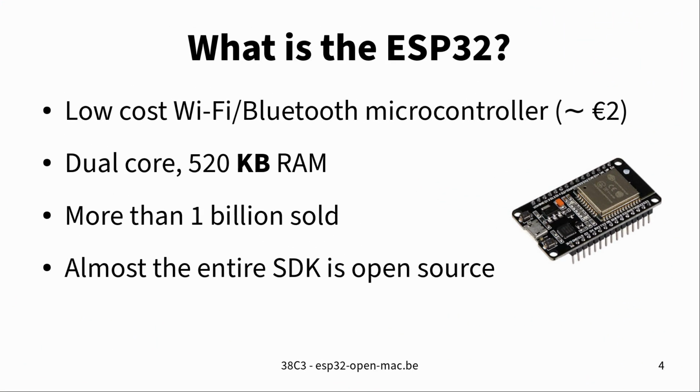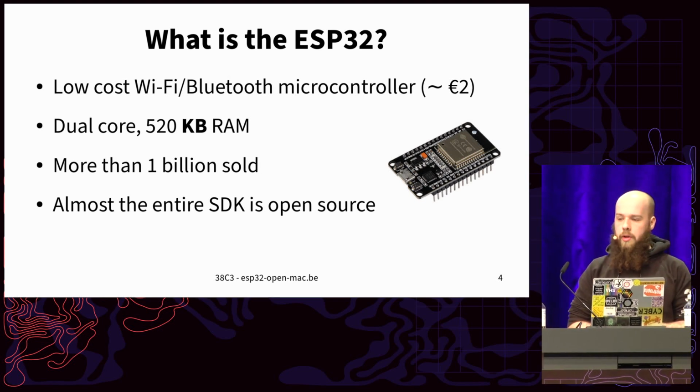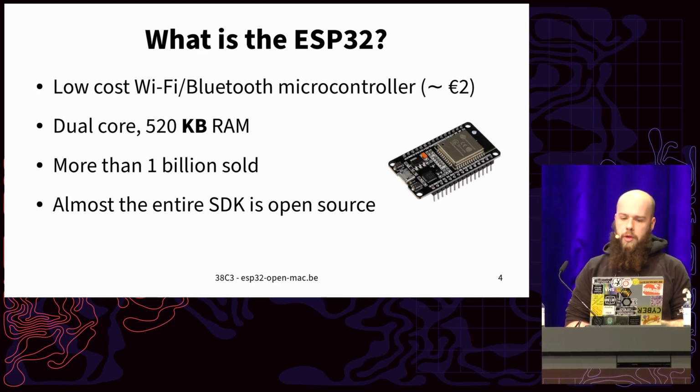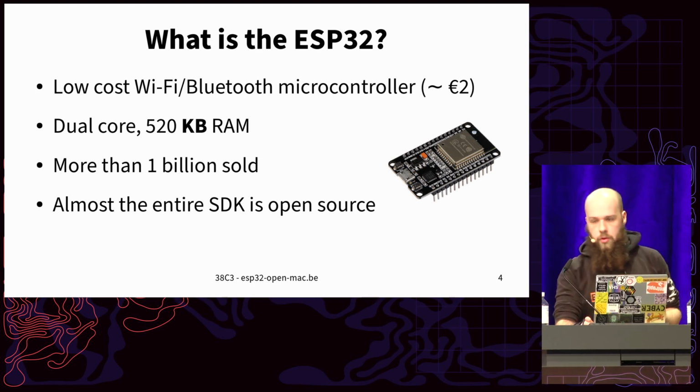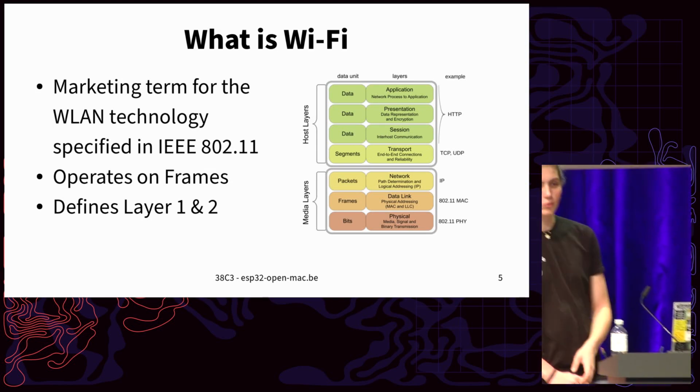The radio hardware is pretty similar on other ESP32s we saw, but we don't support them yet. And they're very popular amongst makers and engineers because of their low cost, but also because of their very good SDK quality, and there are a lot of examples as well. And the entire SDK is open source except for the Wi-Fi and the Bluetooth blobs, so it's pretty nice to work with.